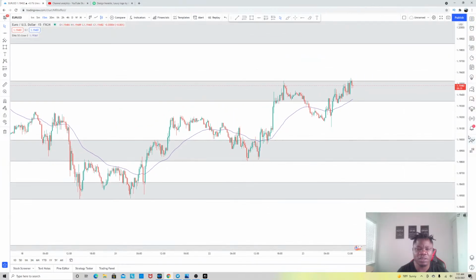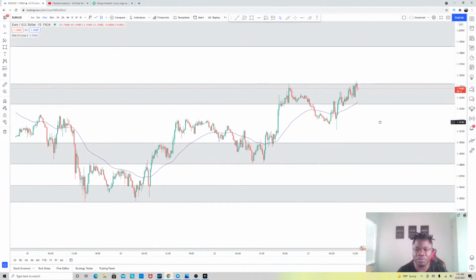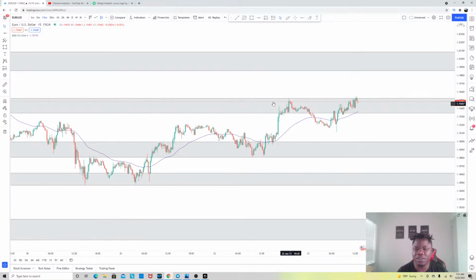But currently, Euro USD is actually in an uptrend right now, but is stuck here at the resistance zone. Looking at Euro USD, it is just trying to break resistance now. If we do have a break, then we'll be in a buy trade for Euro USD.